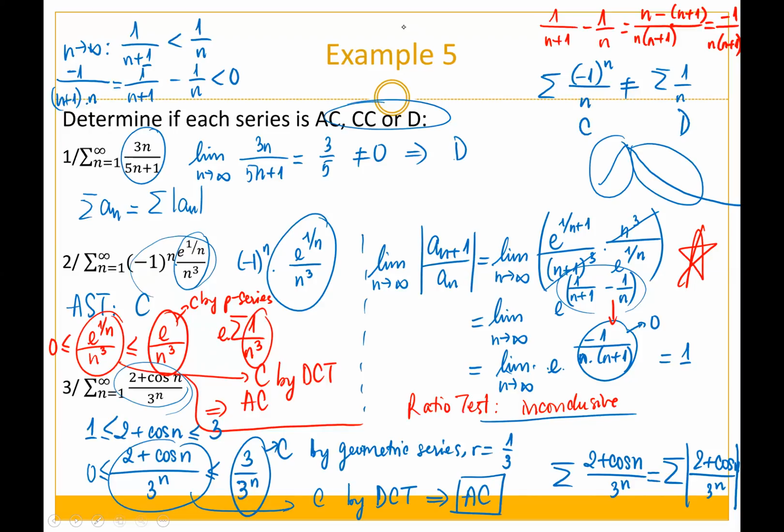Now, if it's 0.5 plus cosine, the way that you're going to solve this is, it is true that it's going to be one term positive and one term negative. In that case, one term is going to be half, and the other term is going to be negative half, and the other going to be 3/2.